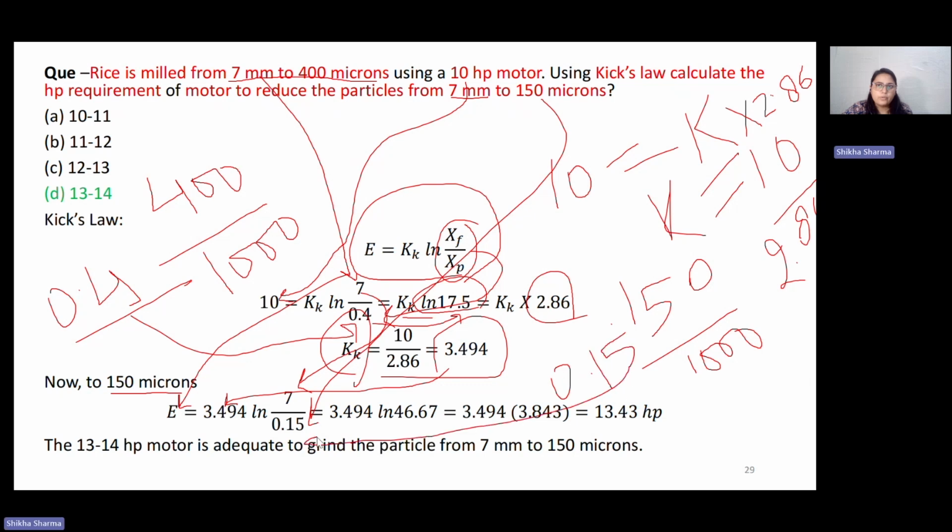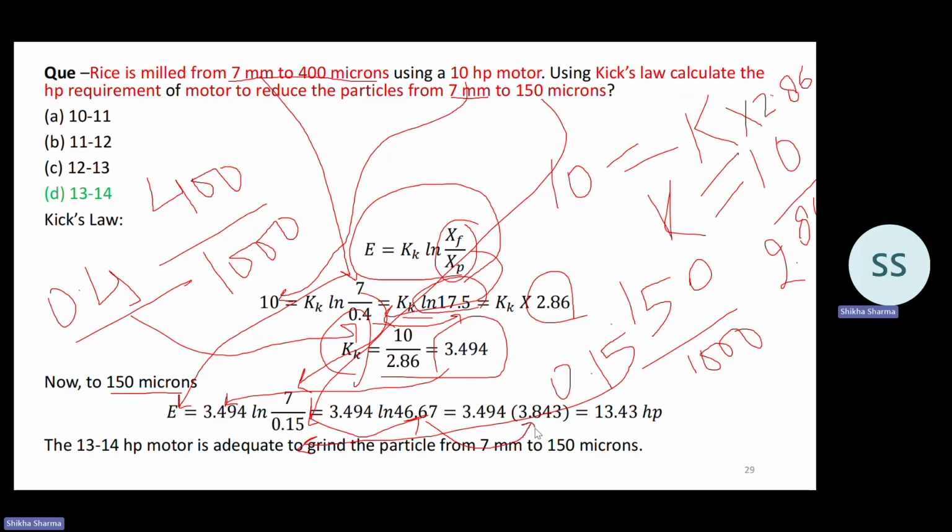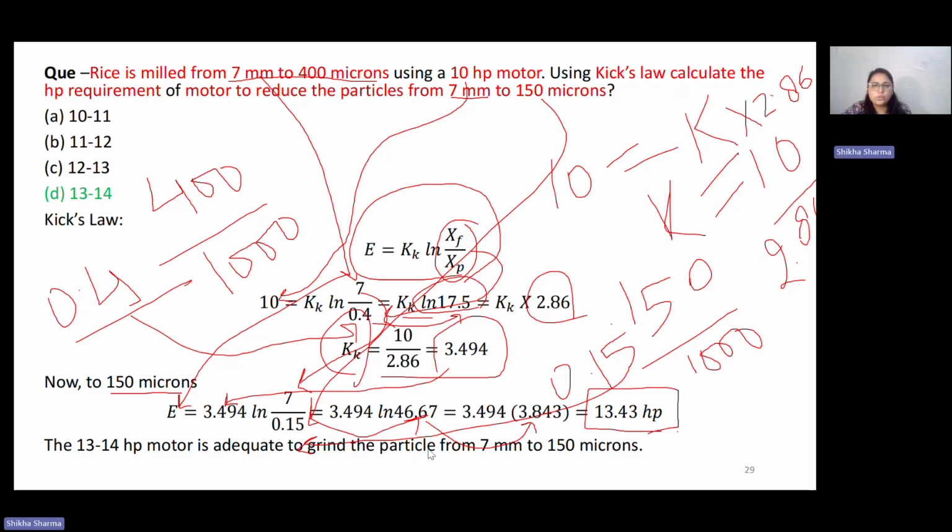So 7 divided by 0.15 would be 46.67. So ln 46.67 would be 3.843, and it will be multiplied by 3.494. So that would be 13.43 horsepower. So around 13 to 14 horsepower is required when we are grinding from a particle size of 7 mm to 150 microns.